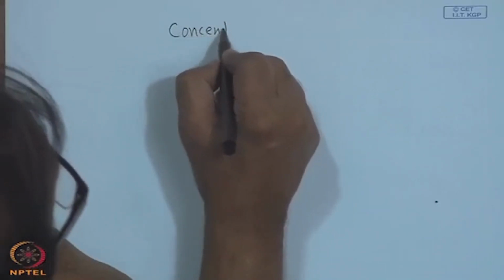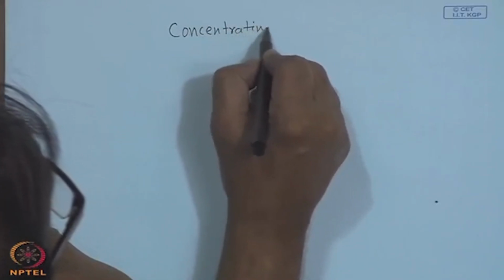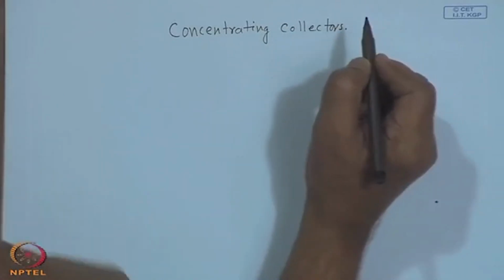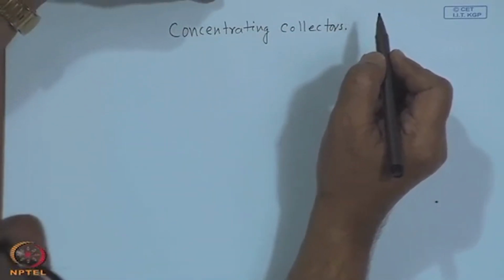So, we go on to the next topic, concentrating collectors. We explored improving the efficiency or the operating temperature of flat plate collectors through one or two or more glass covers, better insulation and even evacuation, though it may or may not be practicable to have a completely evacuated flat plate collector.